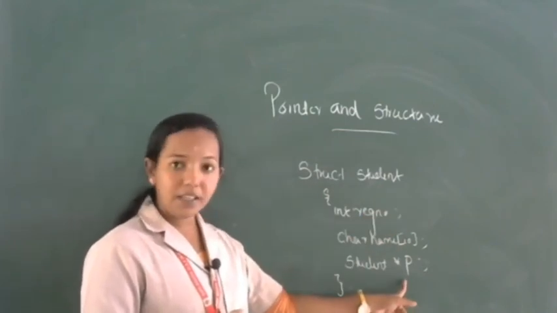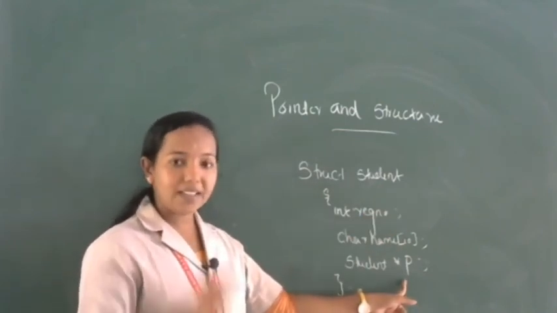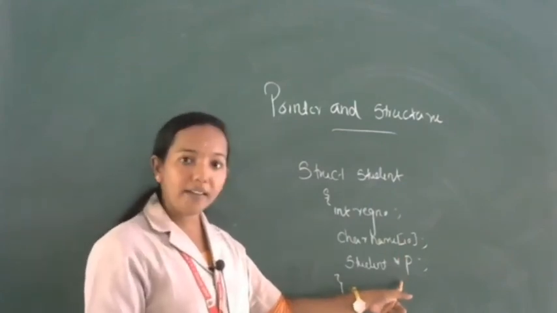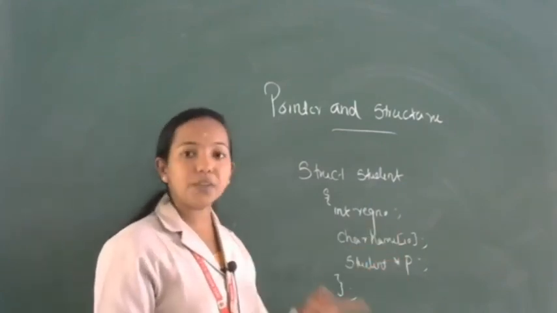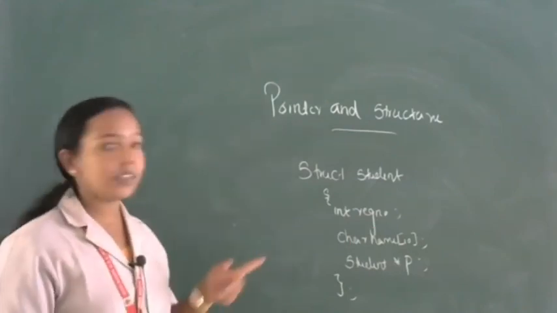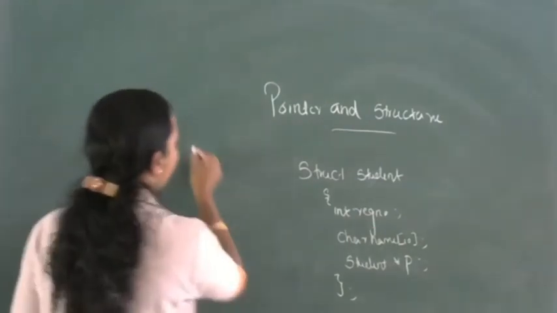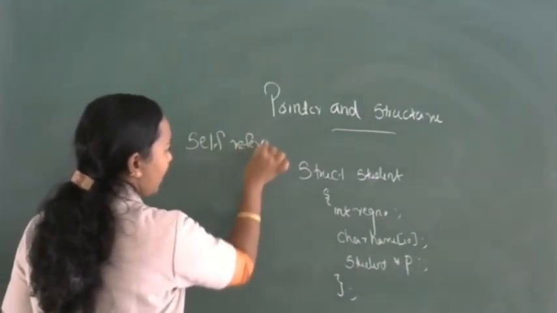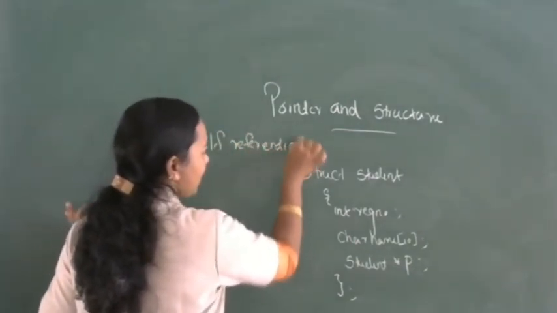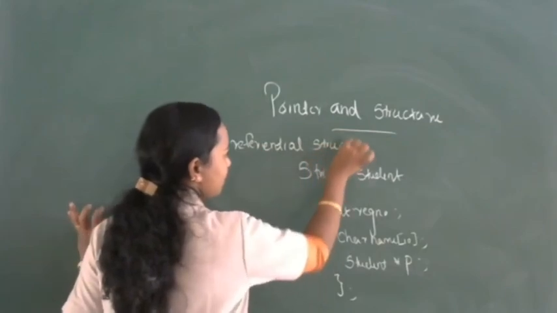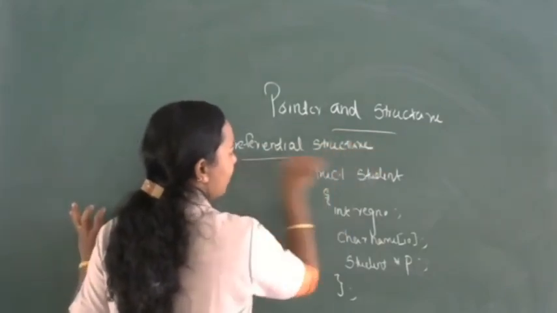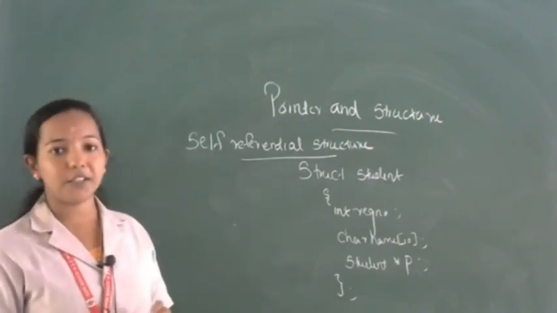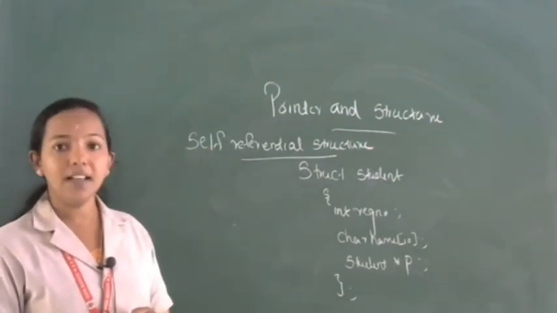The variable is a pointer. That means we are pointing to the same structure. Using a pointer variable, we are pointing to the same structure. This is known as a self-referential structure. A structure pointing to itself is known as a self-referential structure.